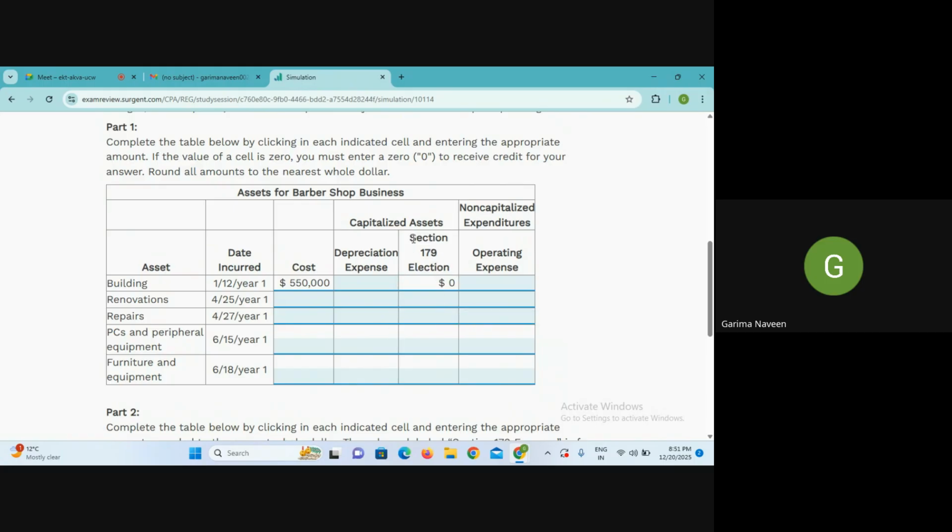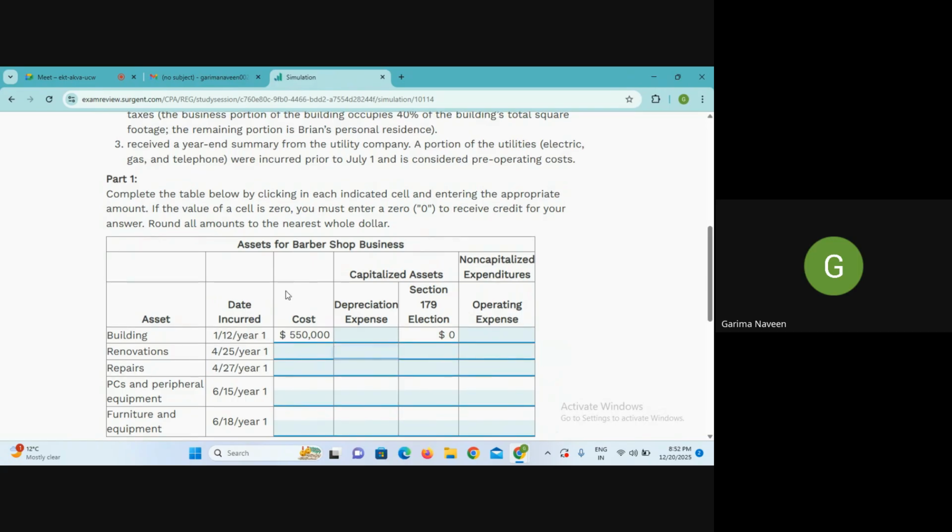Anything which is real property, it is not allowed. So the 179 election should be 0. Next, for depreciation, I can give you the hint that land is not depreciable. Buildings are your real property which is fixed to the land. So for real property, we use the mid-month convention.